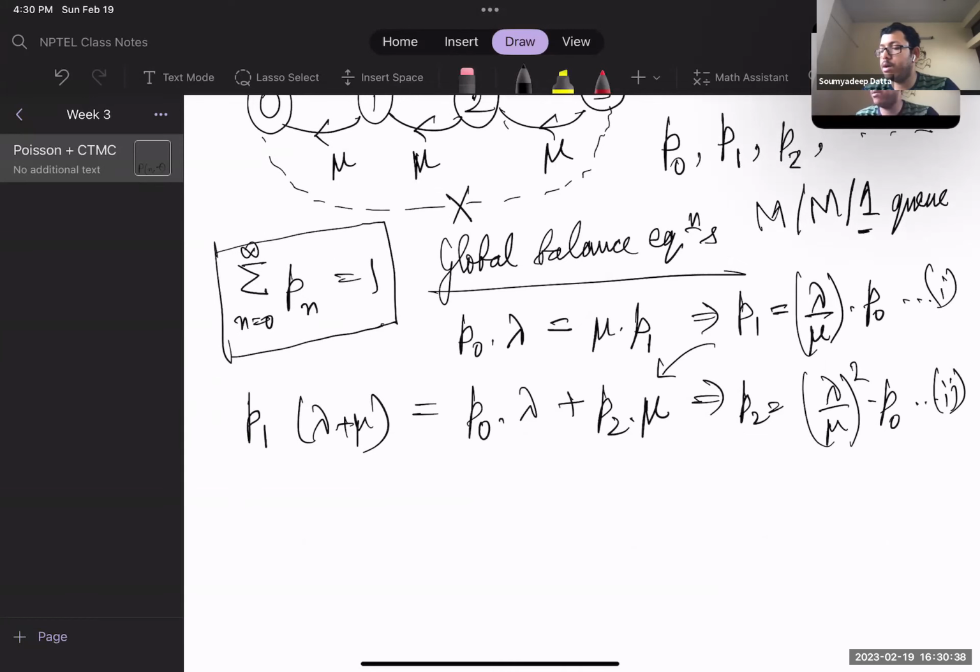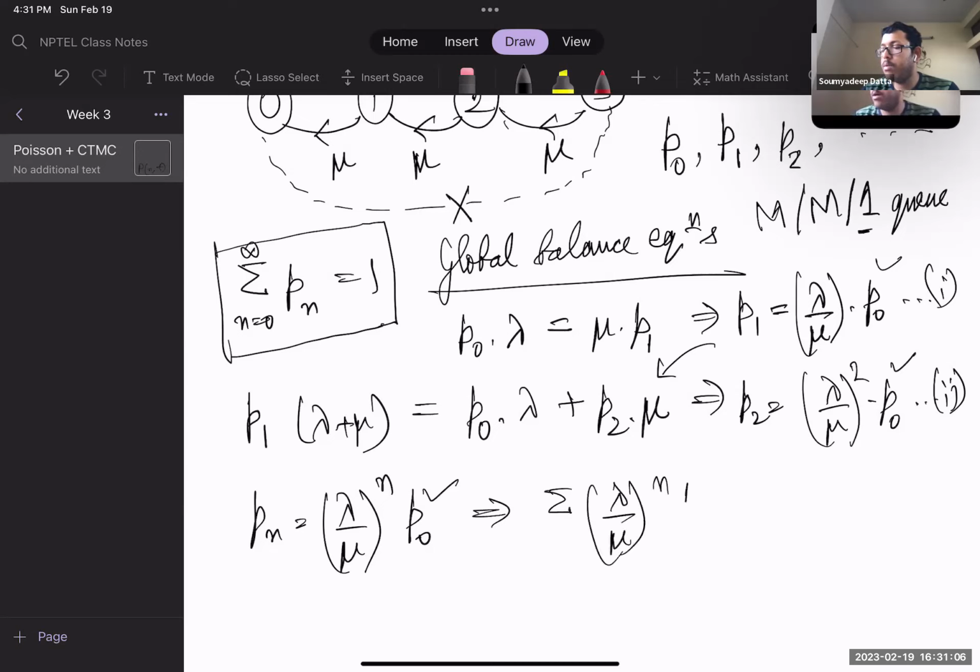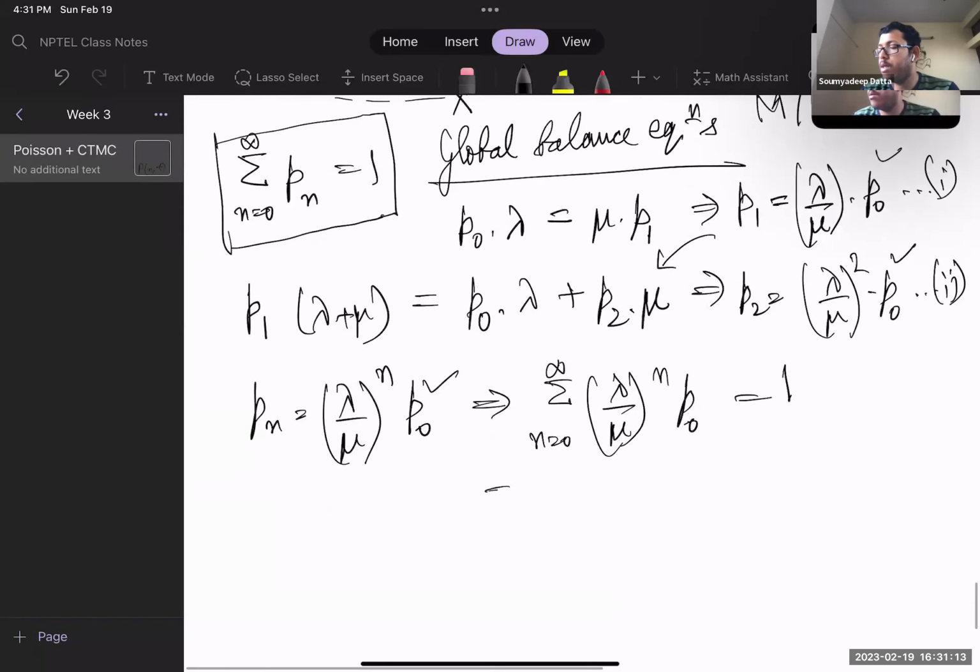And similarly, so on and so forth, you will get Pn equal to lambda by mu whole to the power n P0. So if you observe, if we only know the initial state's probability P0, we can calculate all of the others. And for that, we have one equation which we have left on the side, that this summation has to be equal to 1. So summation of lambda by mu whole to the power n P0 for n equal to 0 to infinity has to be equal to 1, which means P0 is nothing but 1 upon summation n equal to 0 to infinity of lambda by mu whole to the power n, right?